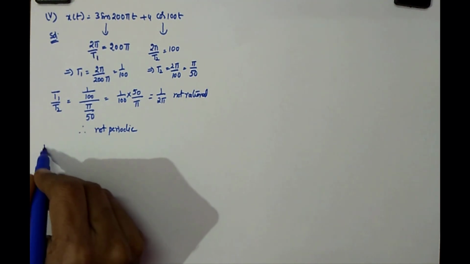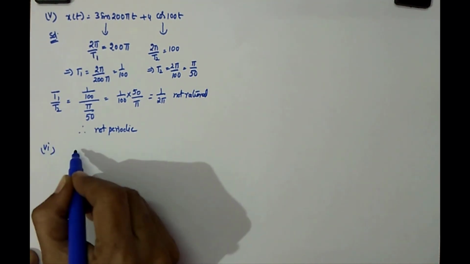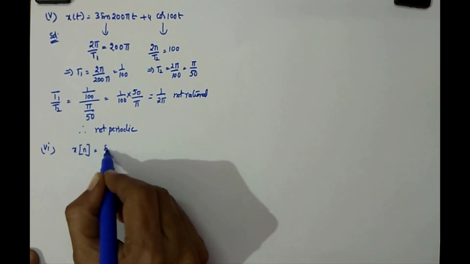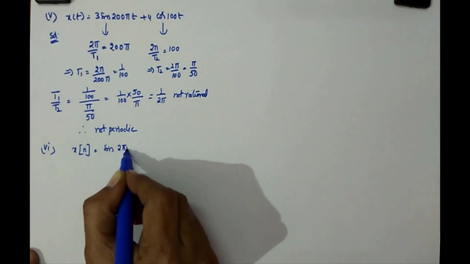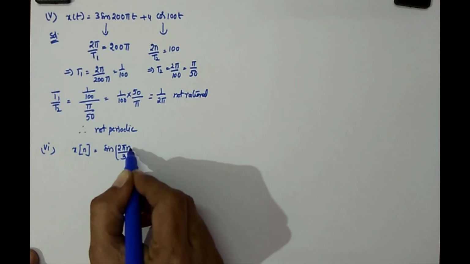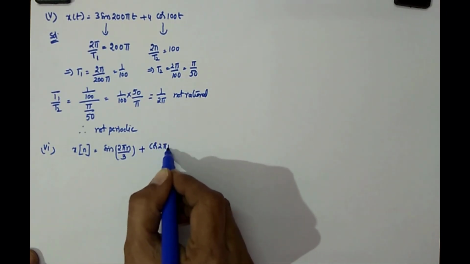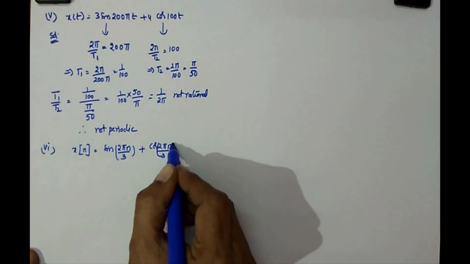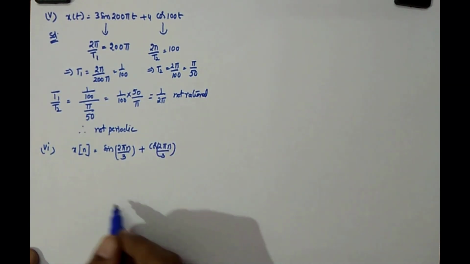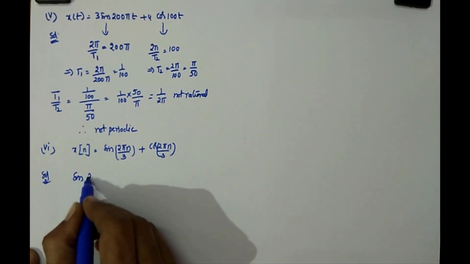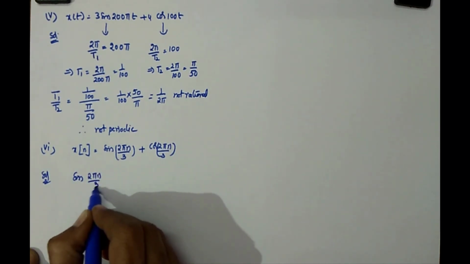Another discrete sequence problem. Take x of n equal to sine 2 pi n by 3 plus cos 2 pi n by 3. Take the term sine 2 pi n by 3.